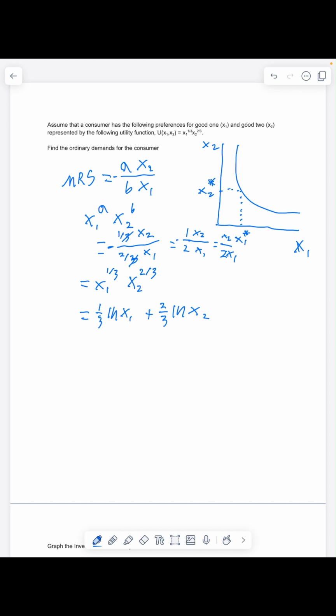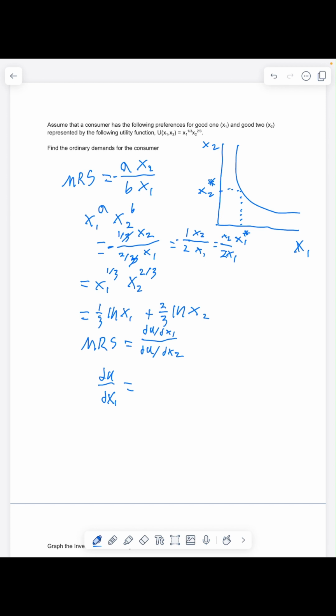For the partial derivatives, we just want to take each individual one, because the marginal rate of substitution is equivalent to the derivative with respect to x1 over the derivative with respect to x2. So for the derivative of the utility function with respect to just x1, we know that the derivative of natural log of x1 is just going to be 1 over x.